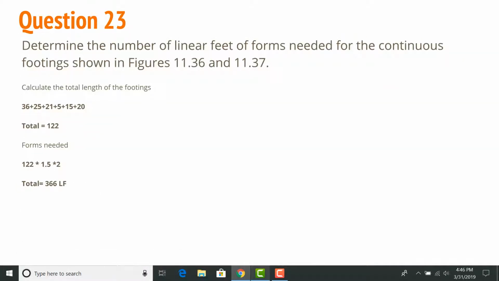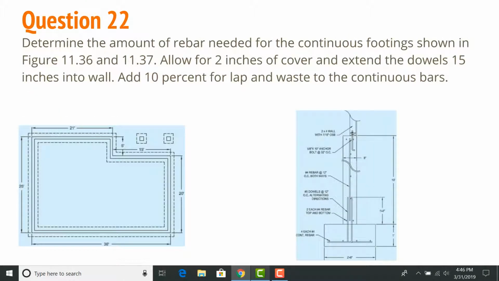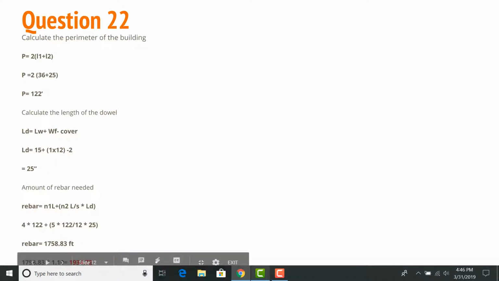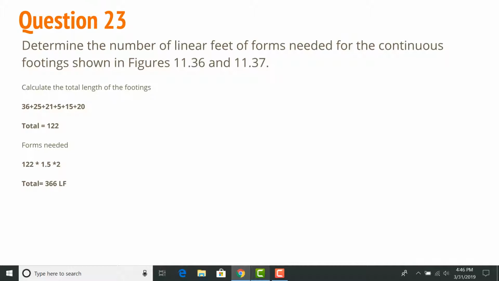And then we multiply by the 1 foot 3 inches of the length of the form here to find out how many linear feet of the forms we needed, and then multiply that by 2 because you want to account for one on each side, and the total linear feet is 366.